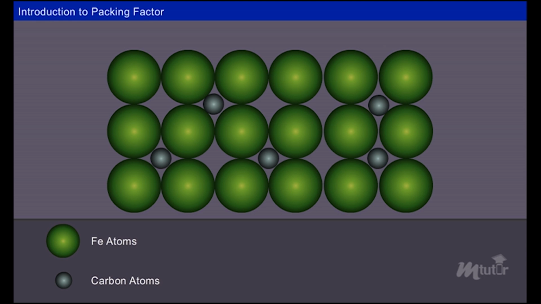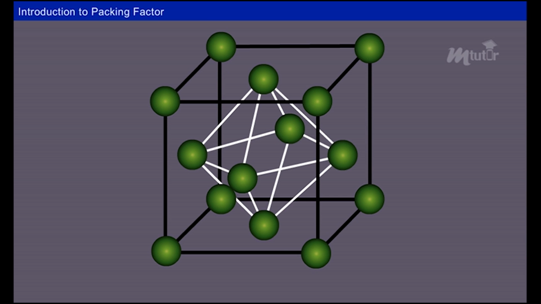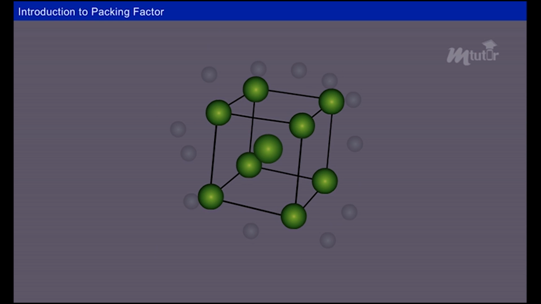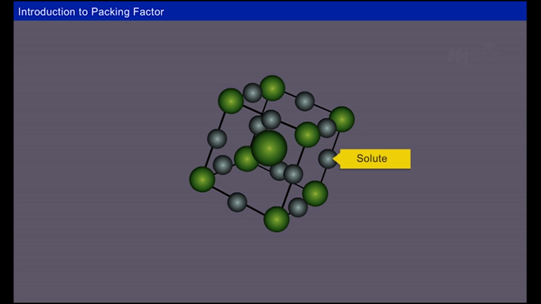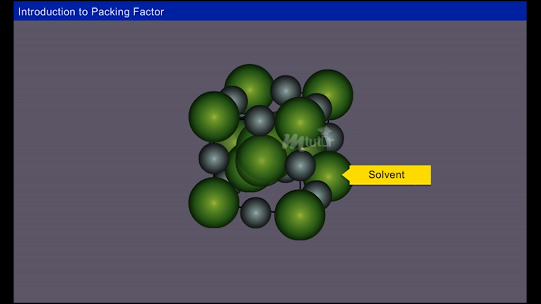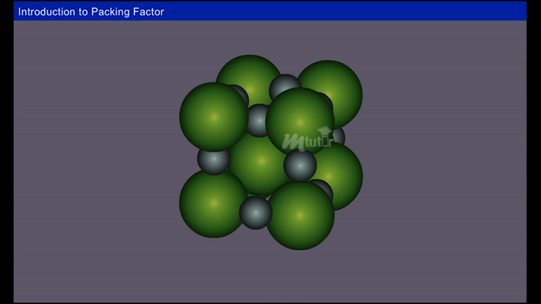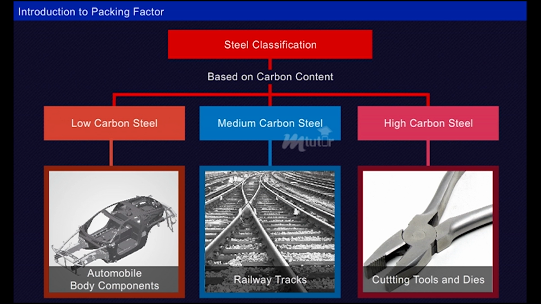Given here is the carbon steel alloy that we have created. Carbon atoms have smaller atomic radii, which fit into spaces of the iron lattice structure. Here, the carbon atom, that is the solute, gets dissolved in the solvent, that is the iron lattice. So, we say that carbon plays a major role in the formation of hard steel.